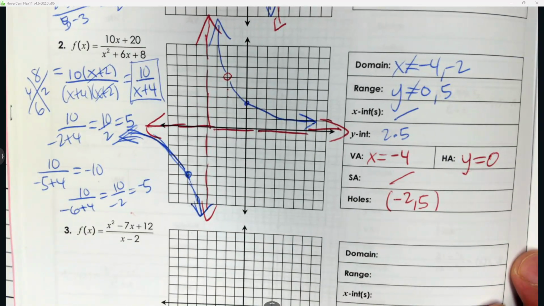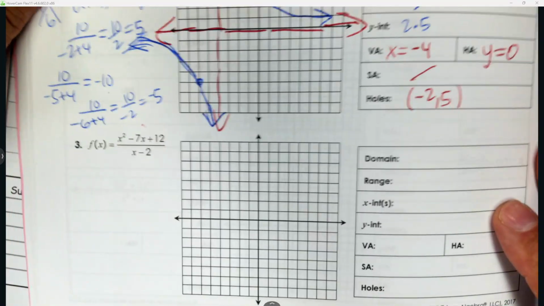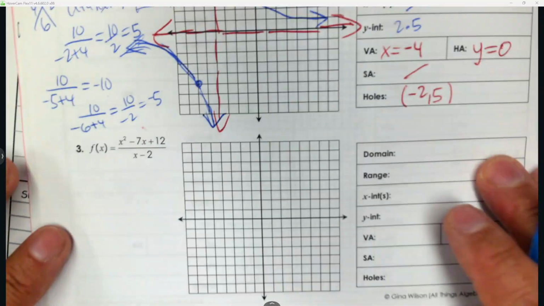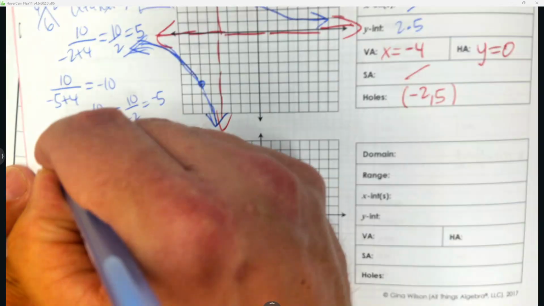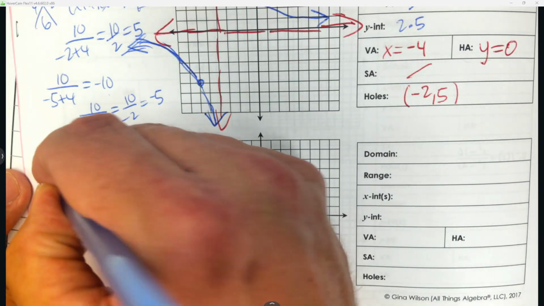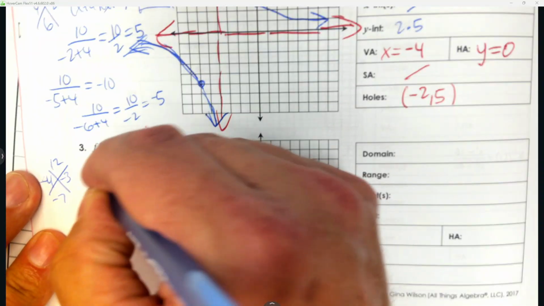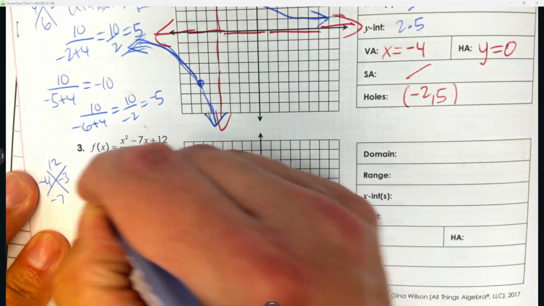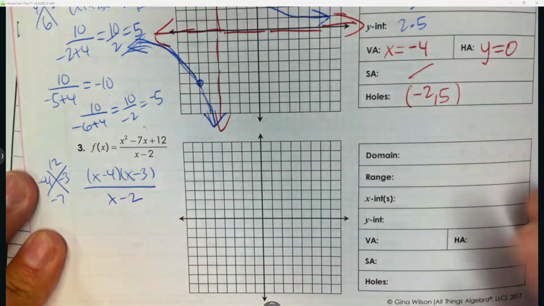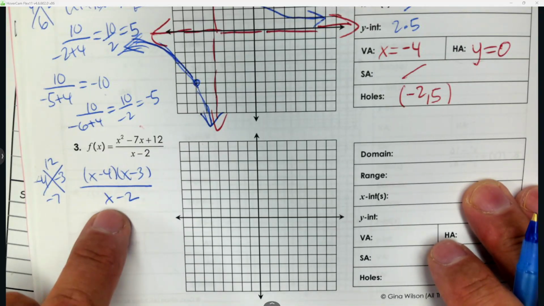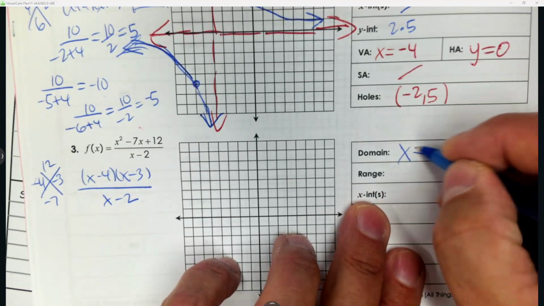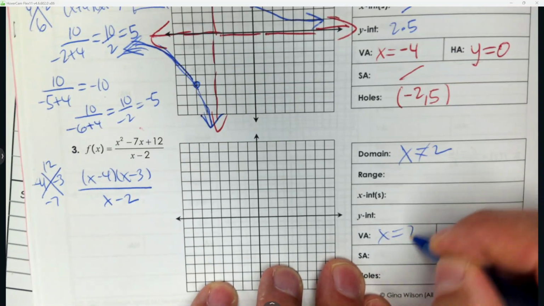All right, try number 3. The numerator is a one-step diamond. That's -4 and -3. Nothing crosses out, so that's it. So my domain comes from the denominator. It can't be 2, and that's my vertical asymptote.